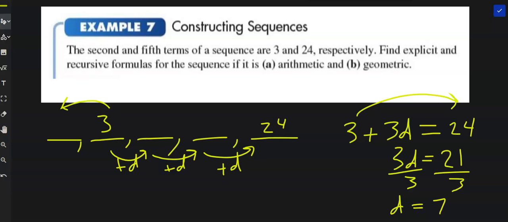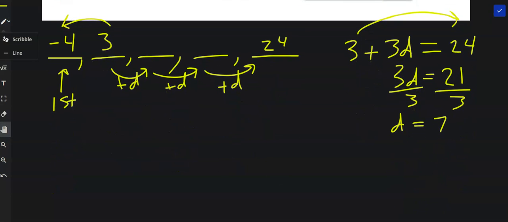I can use that to go backwards and find out that the first term is -4. We needed that information so that we could write our explicit and recursive formulas. So, a sub n equals first term plus common difference times n minus 1.